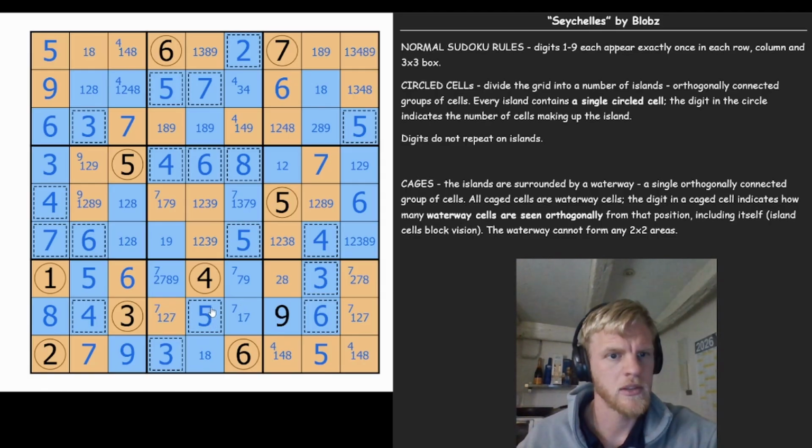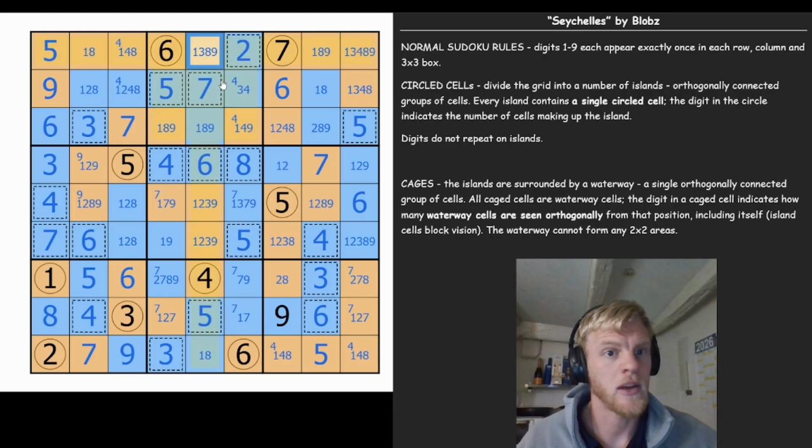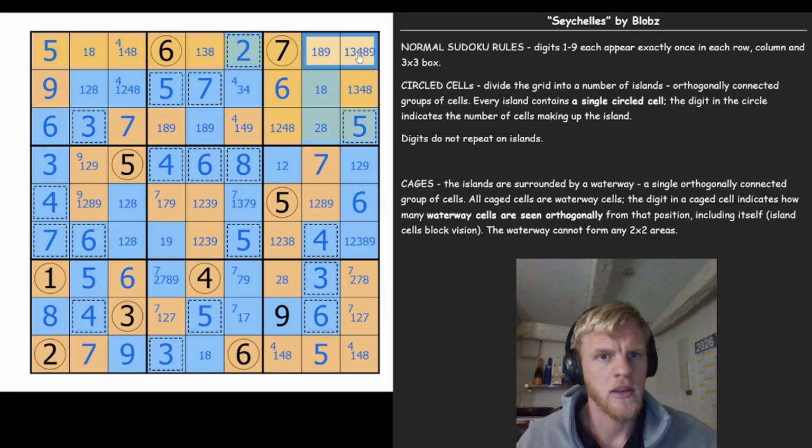You can still look for pairs. The 9 cannot be in here because it is in the island. The island rule comes to play. And then it needs to be in the row 3. So it cannot be in here. It is in the top row.